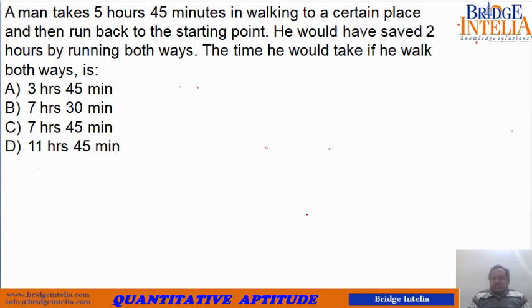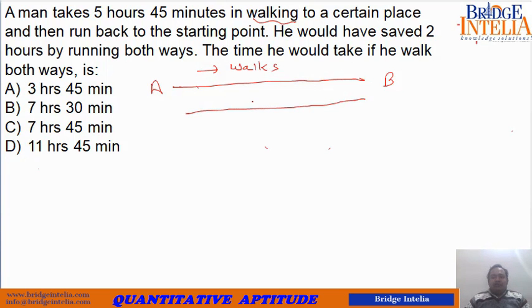A good question. Let us understand what is being said here. So there are 2 points A and B. While going from A to B, he walks, whereas while coming back, he runs.